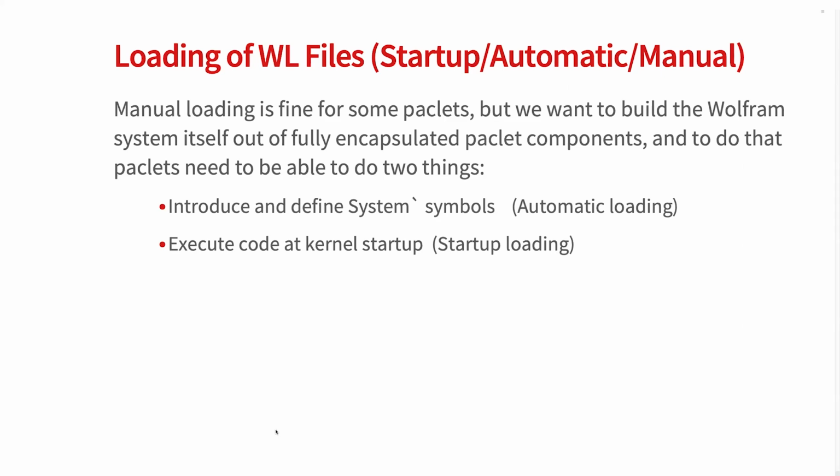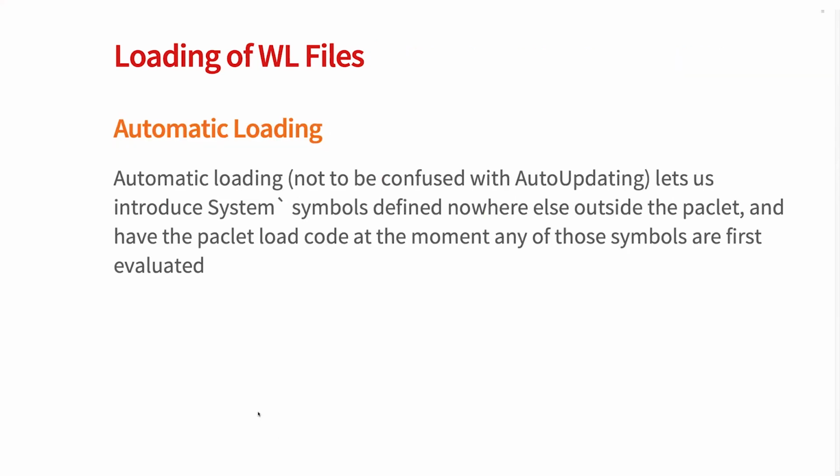And then some Paclets need to execute some arbitrary code at kernel startup. That's startup loading. So automatic loading, which is actually easy to confuse with auto updating, right? They're not the same thing at all. They're totally different. Automatic loading lets us introduce system symbols defined nowhere else outside the Paclet and have the Paclet load code at the moment any of those symbols are first evaluated.